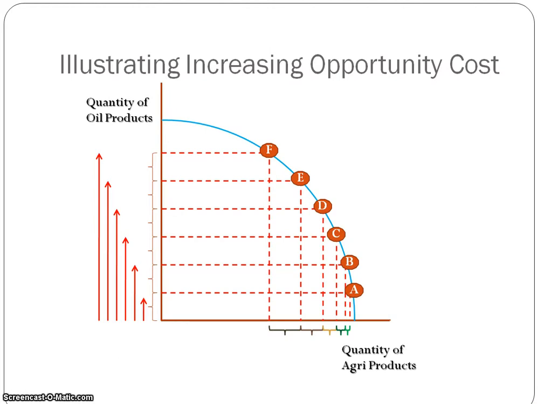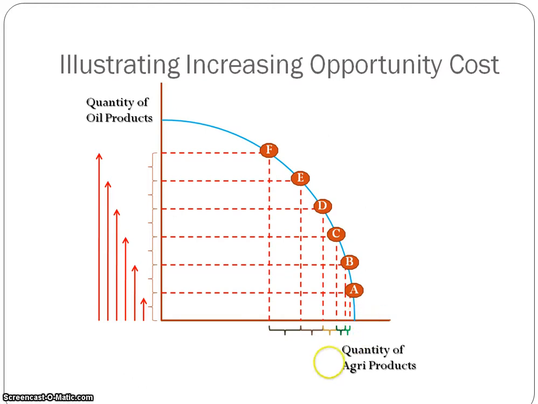But think about it. Each time we expand production of oil products and we are taking resources from the agri sector, even though we are looking for the least skilled each time we remove from the pool of resources, we will be getting more and more skilled workers.